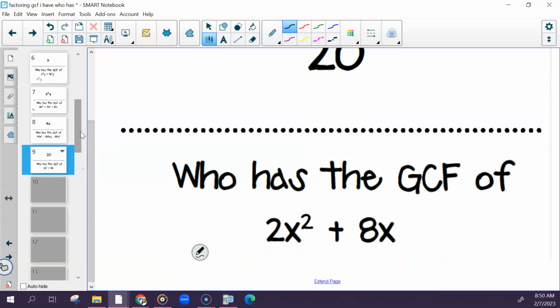What is the GCF of 2x squared plus 8x? It would be 2x. So whoever has that, you're up.